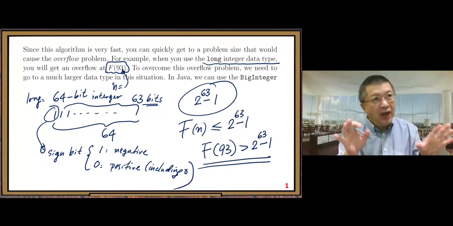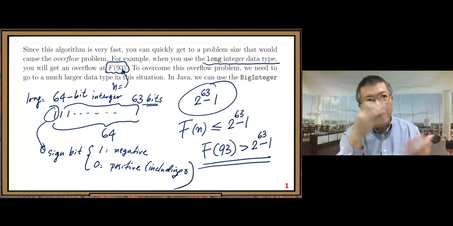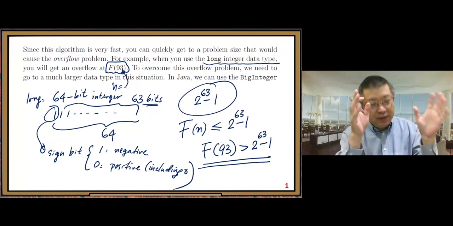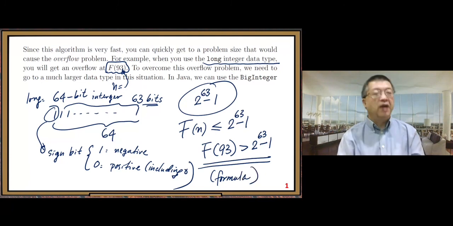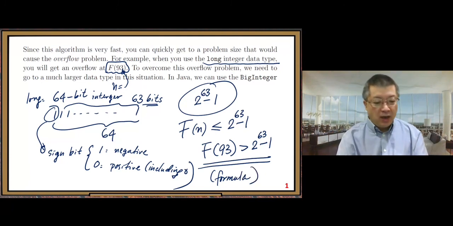So there are 2 ways you can get this bound. One way, doing an experiment. Second way, using a formula. We have the Fibonacci number formula. We can calculate this number. All right.